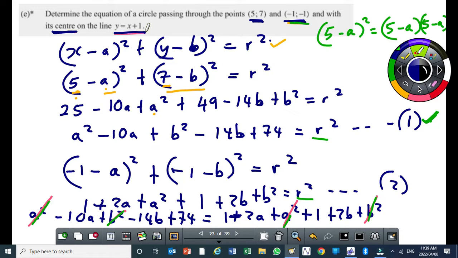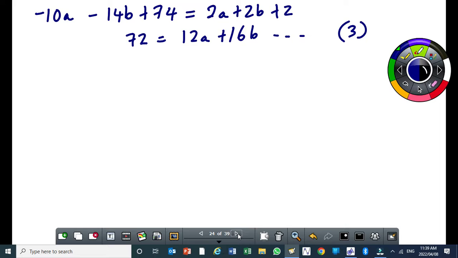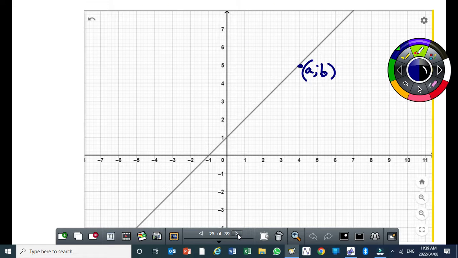Let me show you the sketch here. I've got a nice diagram here. So this is our straight line, y equal to x plus 1. This is the y-intercept, that's the x-intercept. What the question is saying is that the center is along this straight line. It's most likely to be in the first quadrant. I'll show you why after I finish.